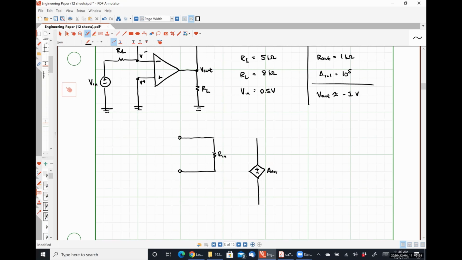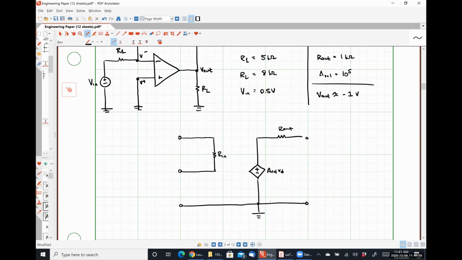Here's AVOL times our differential voltage VD. Here's R out. Let me move this guy over a little bit. And here is our ground.